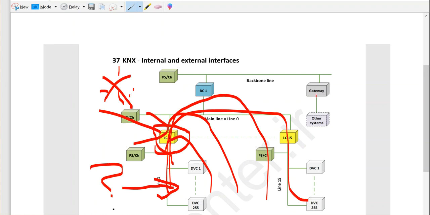And if you want to have a gateway between your whole system and another system, put it in the main line or backbone line. Maybe you would like to provide some communication between a gateway and another protocol in this line 1 also. Okay, you can put it here.